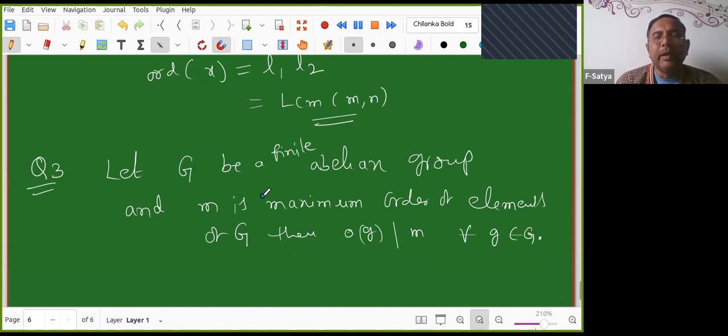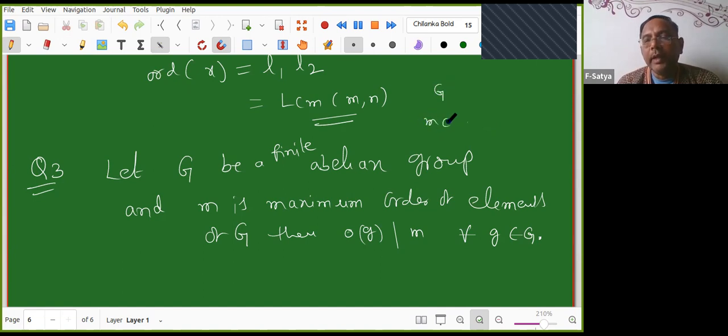So this is the beautiful part of abelian groups. Out of all orders, the maximum is called the exponent. Sometime in the previous lectures, at one time, I defined it. Exponent of a group: if G is a finite group, how is exponent defined?